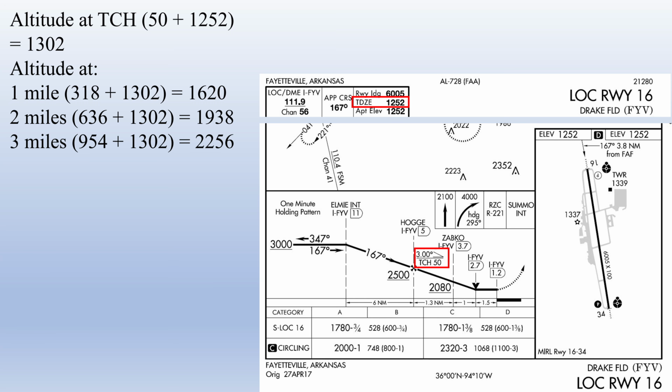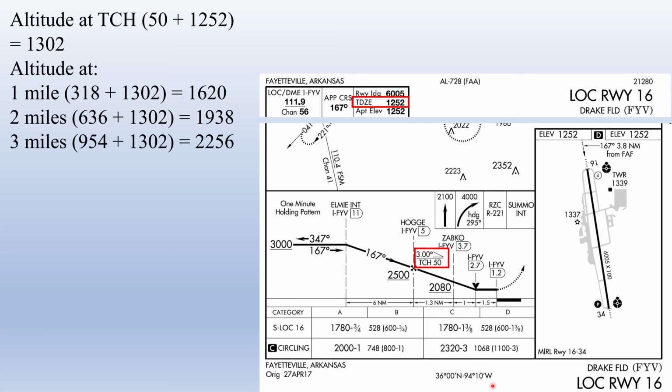And then at 3 miles, it's a total of 954 feet, so that should be 2,256 on our altimeter. And again, there's no reason to calculate it out to 4 miles because the final approach fix is not quite 4 miles from the runway threshold. So that tells us how far away we are from the runway when we should be at those altitudes.